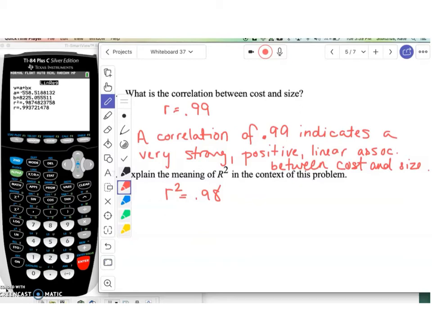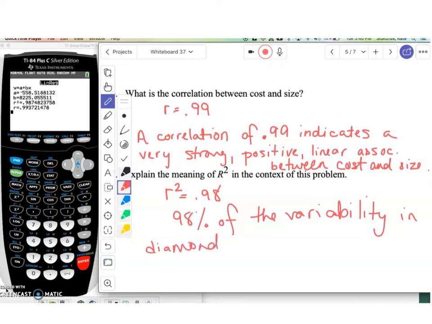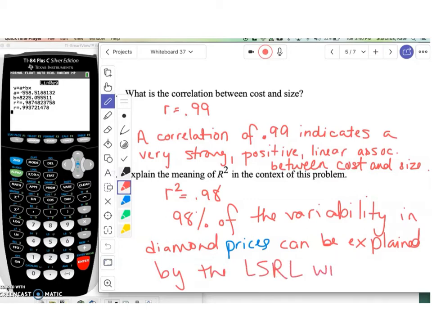This means that 98% of the variability in your y, in diamond prices, can be explained by the model, can be explained by the least square regression line with weights.